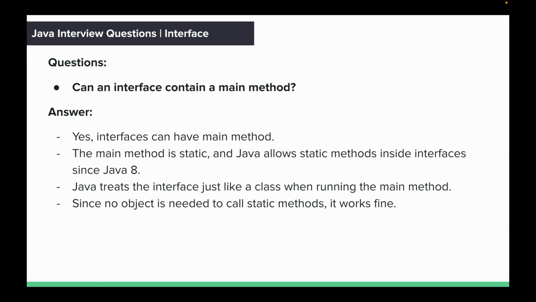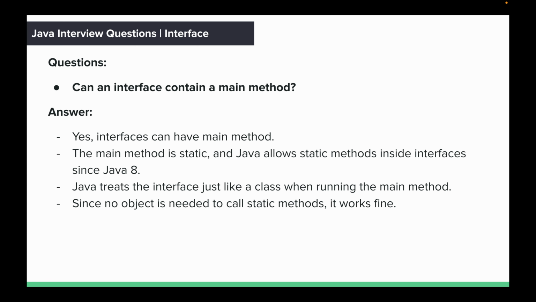So the next question that you may get around interfaces is, can an interface contain a main method? Yes, an interface can contain a main method. The main method is basically a static method and static methods are allowed inside interfaces. So we can add the main method over here. As the main method is a static method, we don't require an object to be created in order to execute that method.